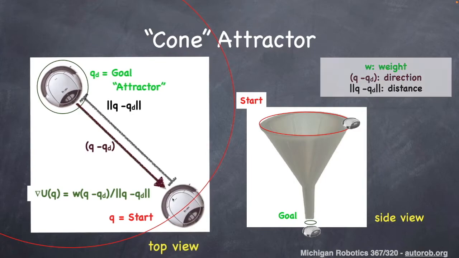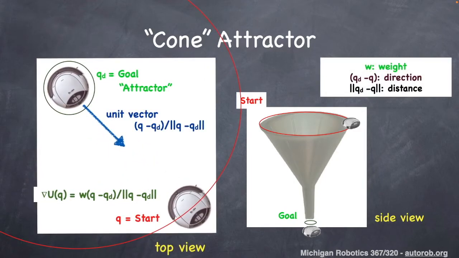And what that will do is it'll normalize the resulting vector that we've calculated such that it's what's referred to as a unit vector. So this resulting vector now will still point in the direction from the goal towards the robot's current configuration, right? So it'll still point in the direction that will increase potential, but it will now be guaranteed to have a length of 1 in this configuration space.